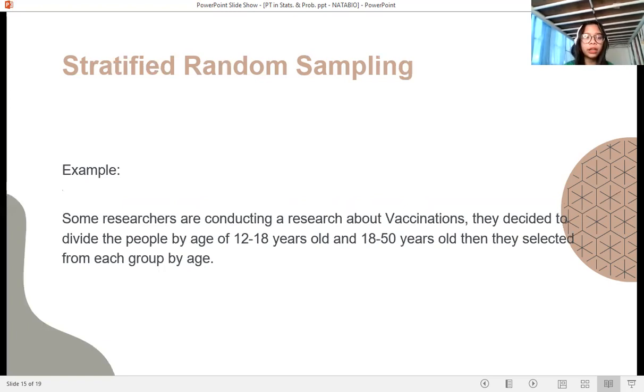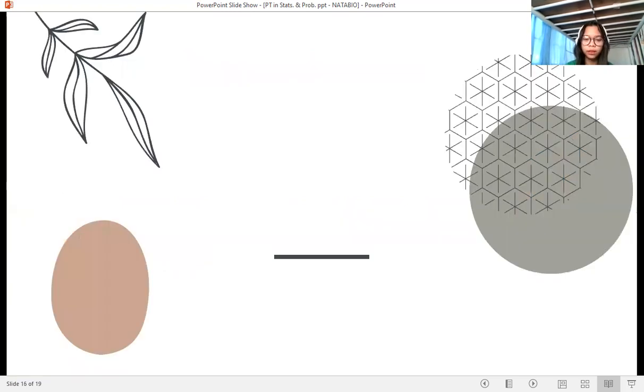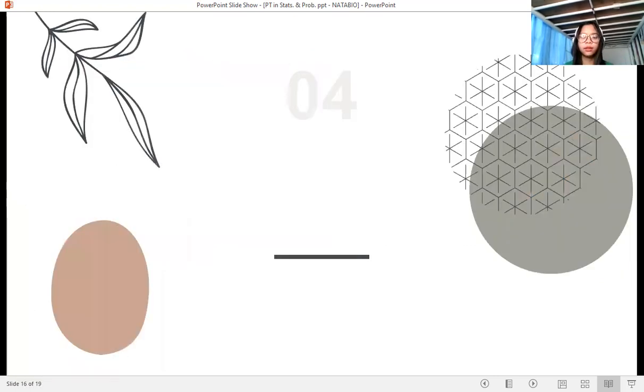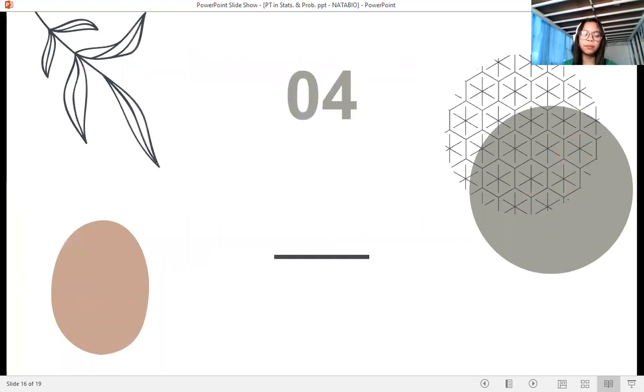This sample scenario can be considered stratified random sampling because they first divided by age, and then they selected from each group. So we're done with the third sampling method. Let's proceed to the fourth.